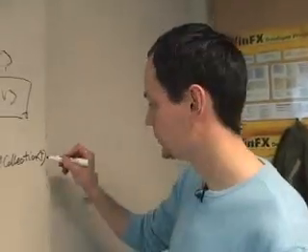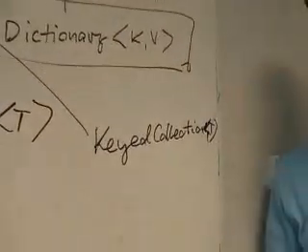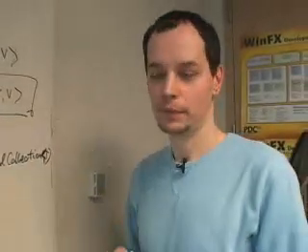Actually it's keyed collection of K, T, because key is also a type parameter. Key can be of any type. Usually key would be a string. So you can imagine, again, a collection of files in a directory where the key would be the file name of each file. How does it differ from dictionary?